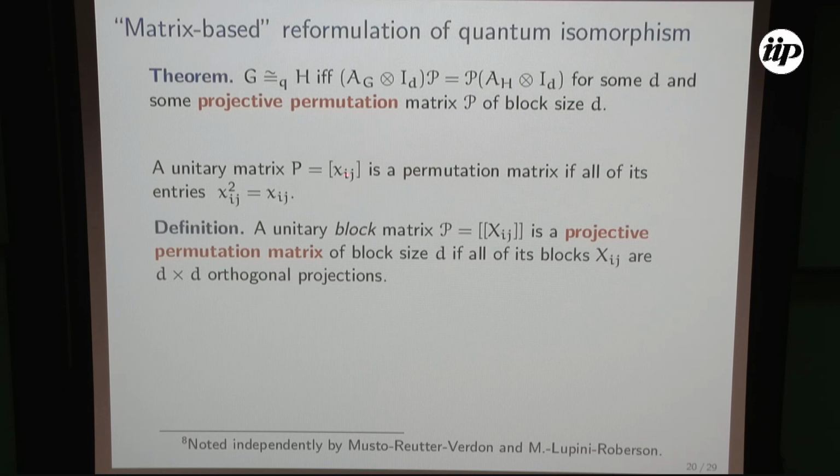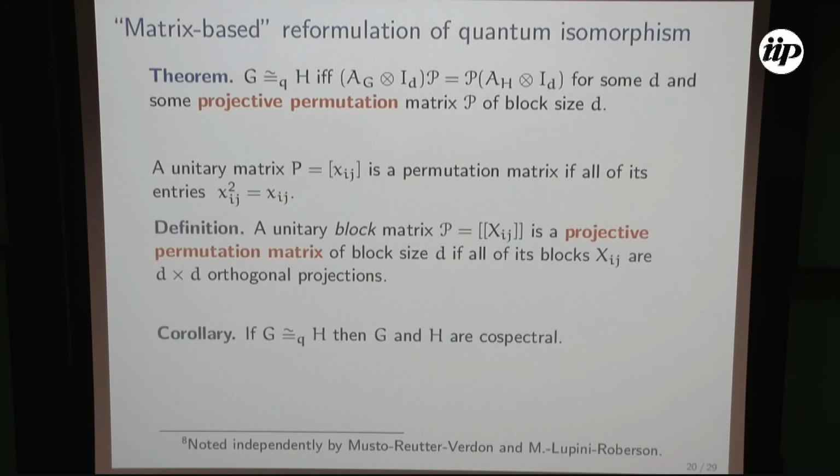But not any matrices: matrices which satisfy xij squared equals xij, and xij dagger equals xij. That is, they are projectors. And I ask that all my projectors are of the same size, so some D by D orthogonal projections. And if my D is 1, then I recover the definition of a permutation matrix. So that's why we called it a projective permutation matrix.